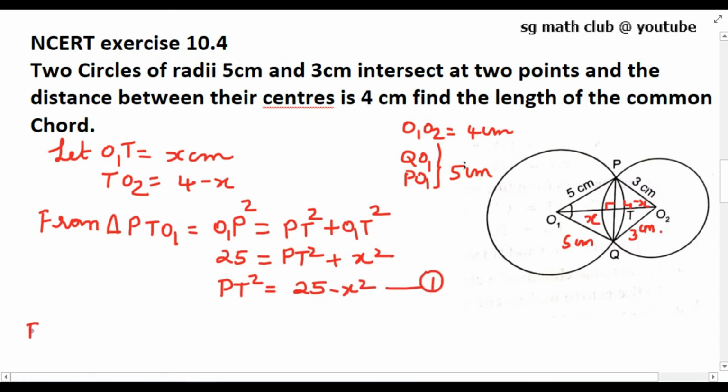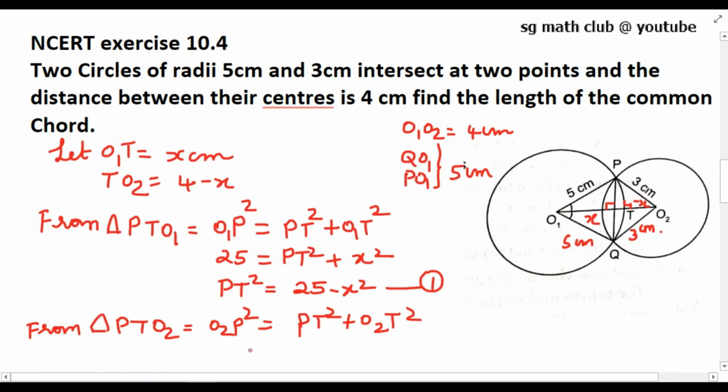In the same way, from the small triangle PTO2, I can write O2P square, the hypotenuse, is equal to PT square plus O2T square.